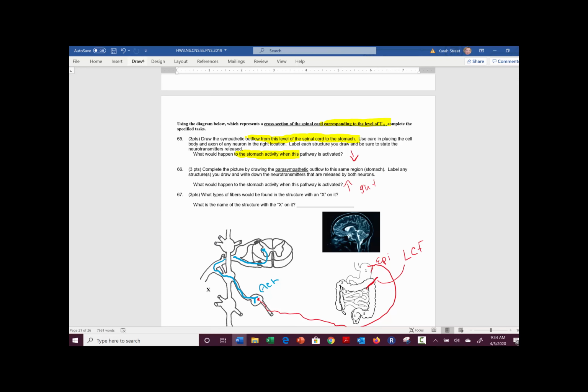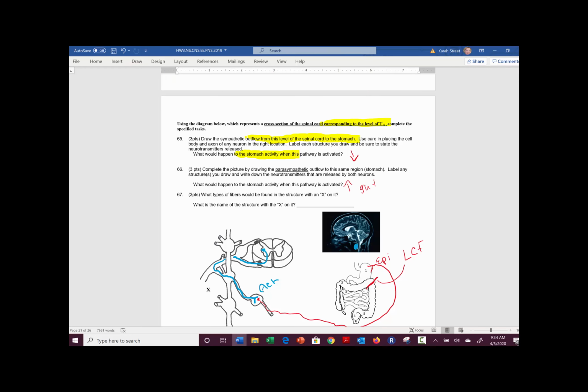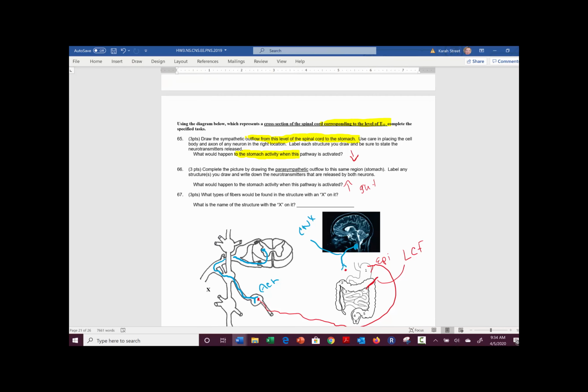So we would need to use the preganglionic fiber from cranial nerve 10, coming all the way down through your thoracic to abdominal cavity. So that's cranial nerve 10. In this case now I'm drawing its visceral efferent fiber. It would synapse on a postganglionic neuron found in the wall of the stomach, and it would terminate on the stomach to increase gut motility.